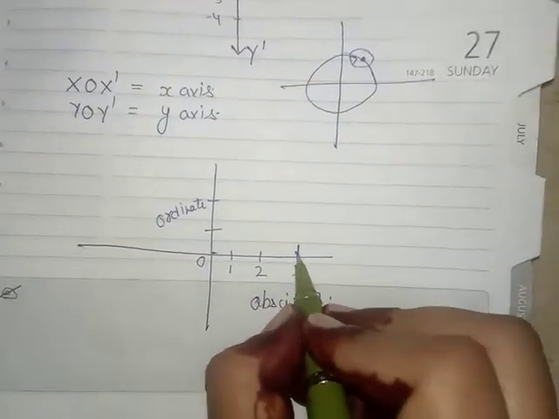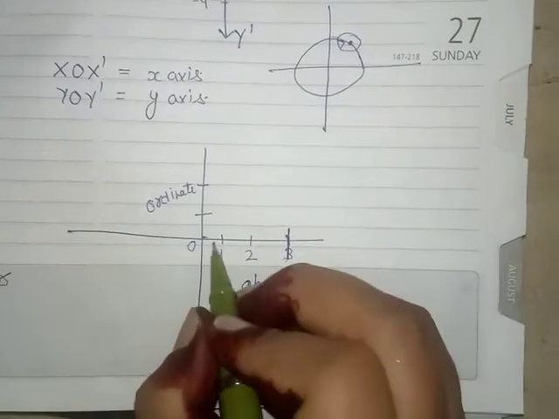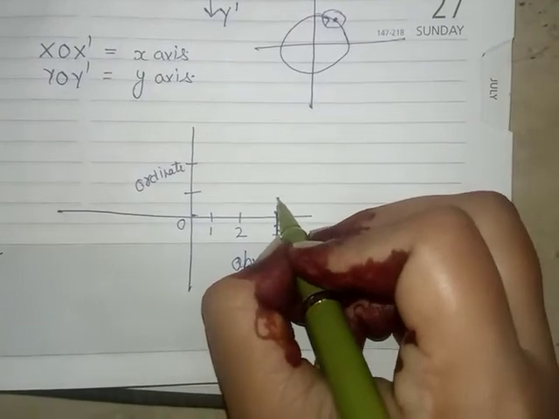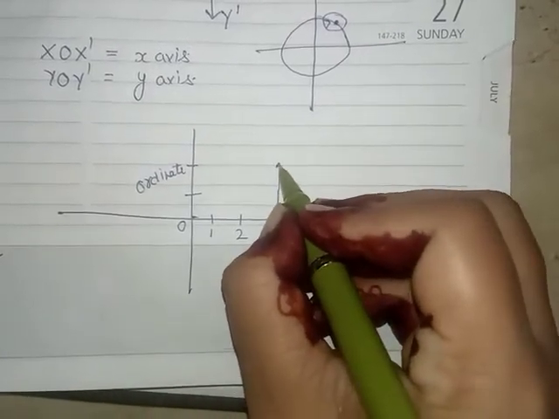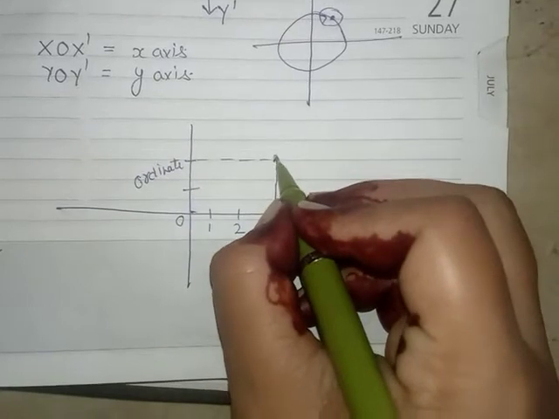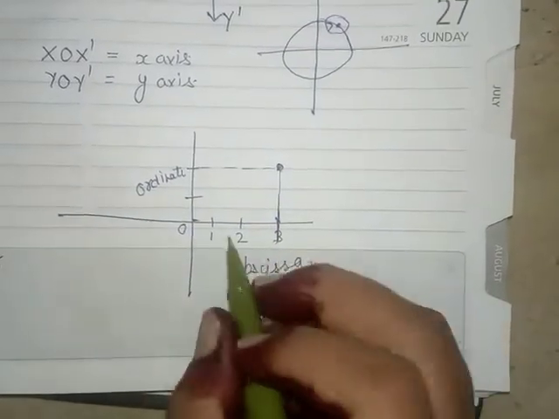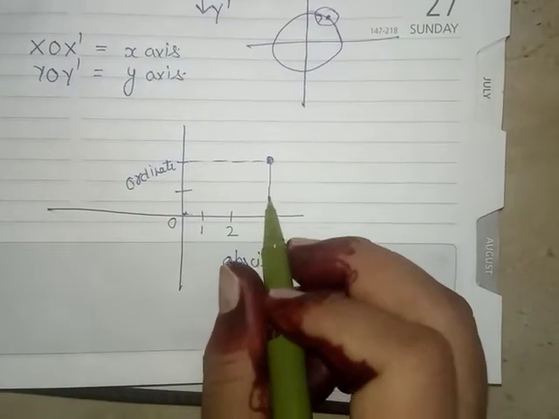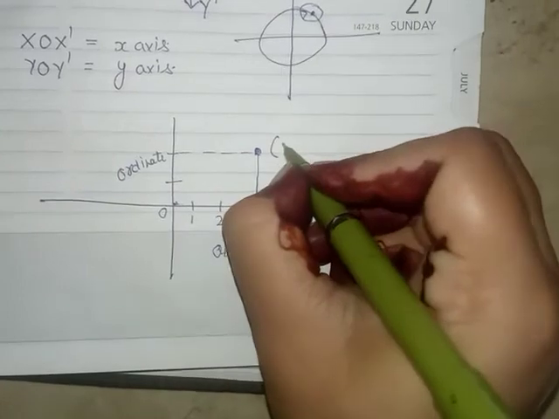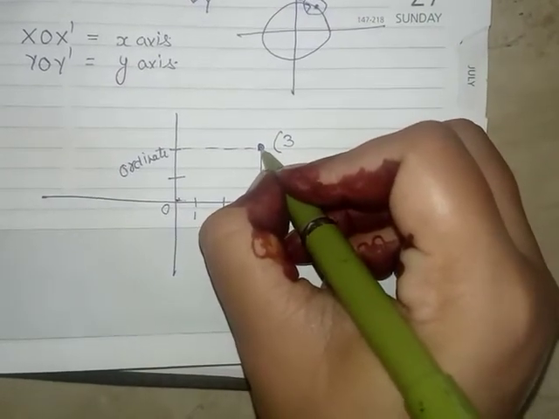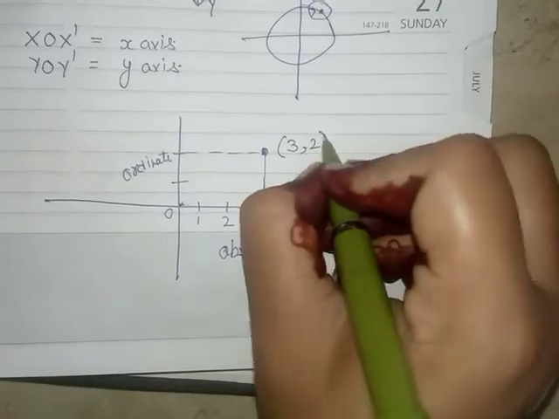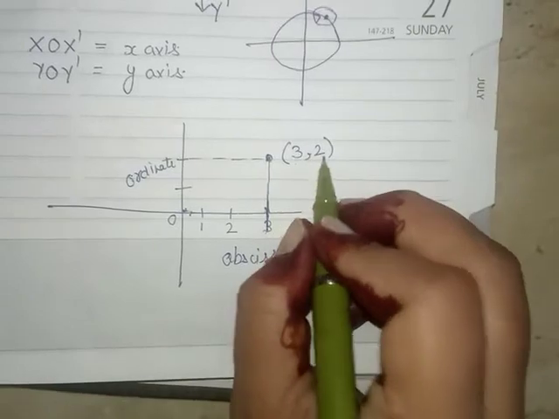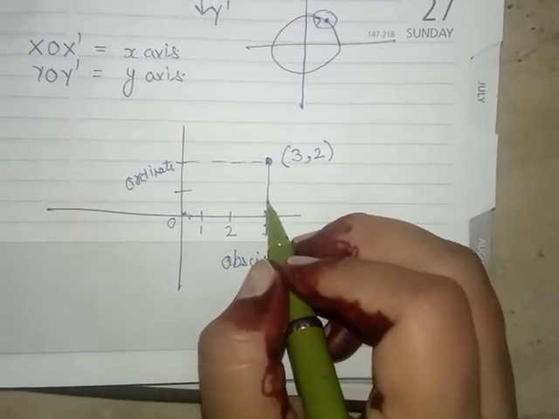If I am moving 3 in this direction, like a person is moving 3 kilometers in the east direction, then in the north direction up 2 kilometers, finally he is reaching this point. He is moving 3 in the x direction and 2 in the y direction, so the coordinates of that person where he is lying are 3 and 2, where 3 is the distance travelled on the x-axis and 2 is the distance on the y-axis.